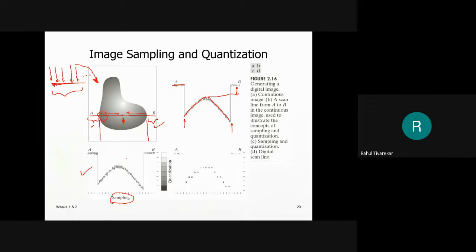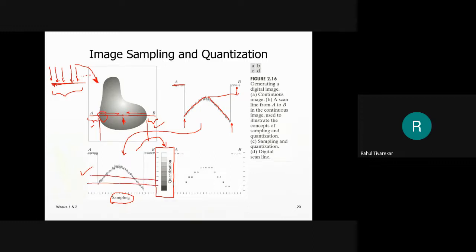To store them with a finite number of bits, we will make only a finite number of intensity levels, and that is called quantization of the intensity levels. First, we have an infinite number of pixels; we sample and make a finite number of pixels. Next, we have an infinite number of intensities; we quantize and make a finite number of intensities.